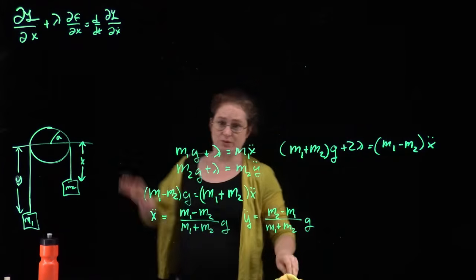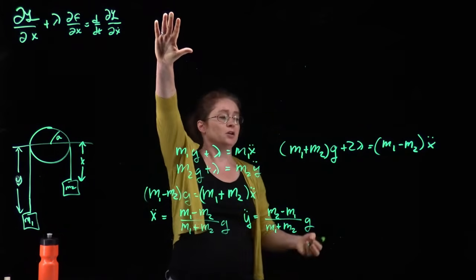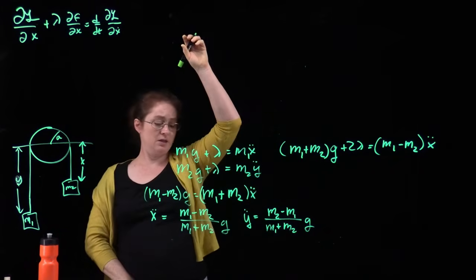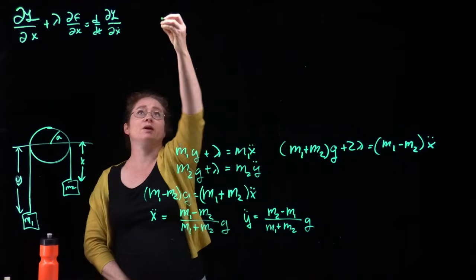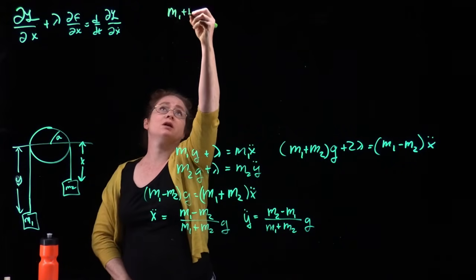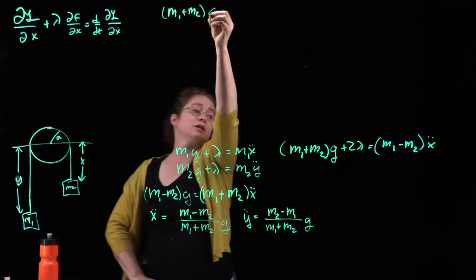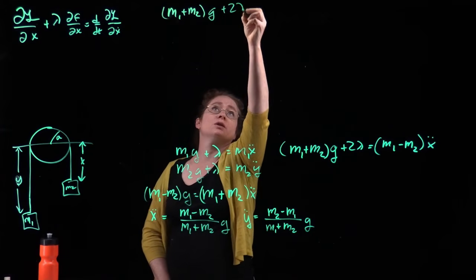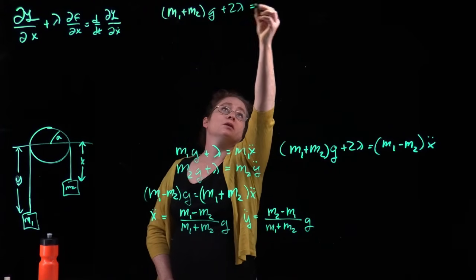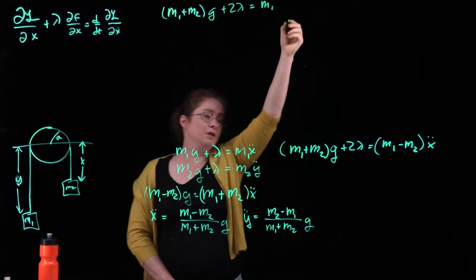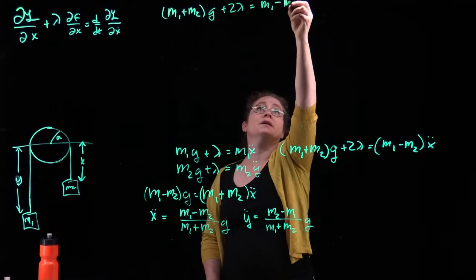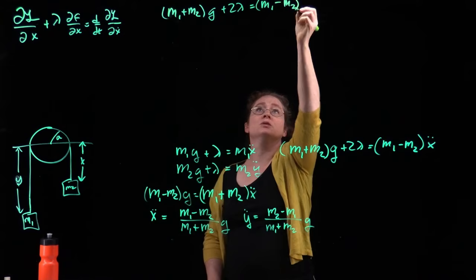All right, so I'm going to move that up here. So I have m1 plus m2 g plus 2 lambda equals m1 minus m2.